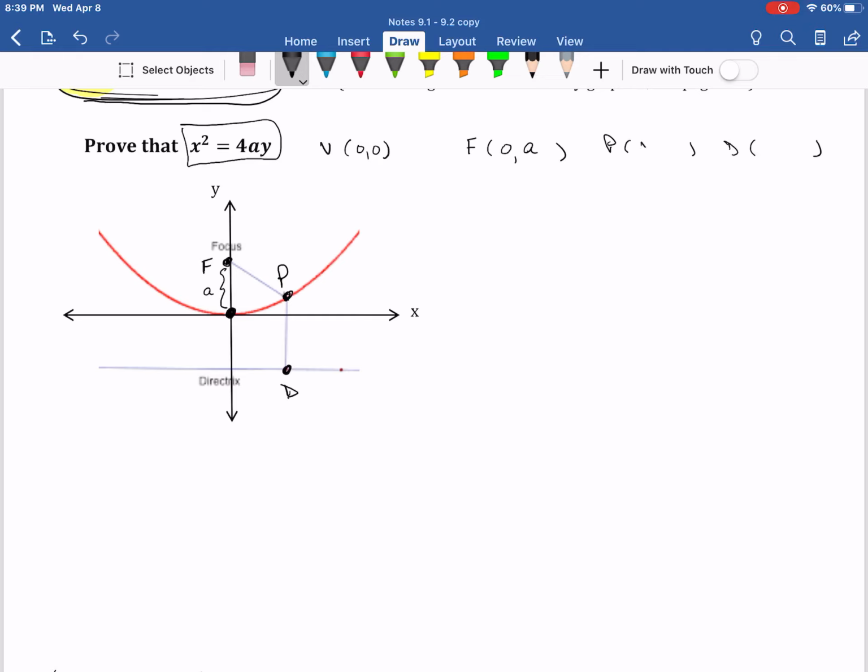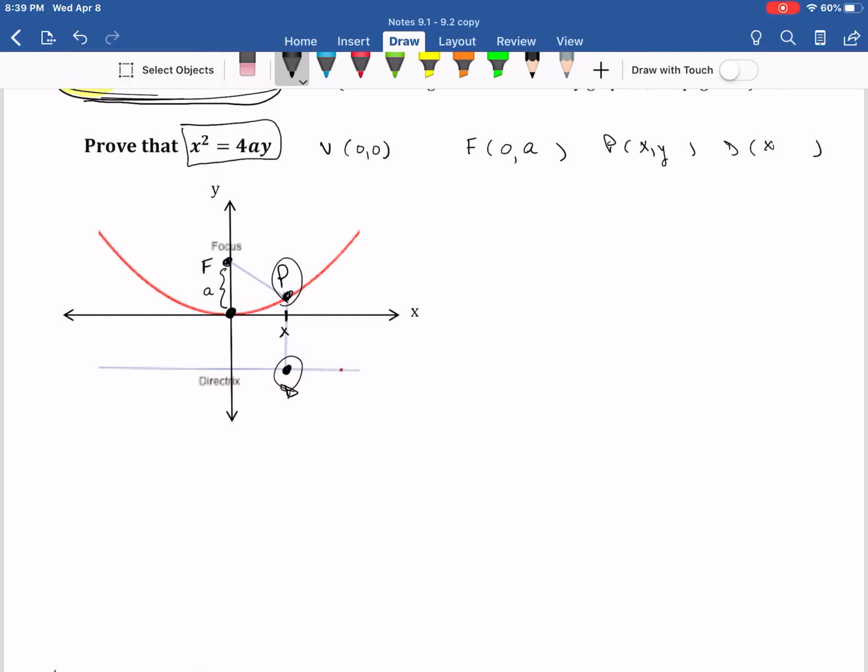Point P, we're just going to call (X, Y). X and Y can be anything. And then point D. Now, D has a specific ordered pair. Now that we've chosen X, Y for point P, that makes this distance from the origin X units. And so point D, notice how that's directly below point P. So point D's X coordinate is also whatever X was.